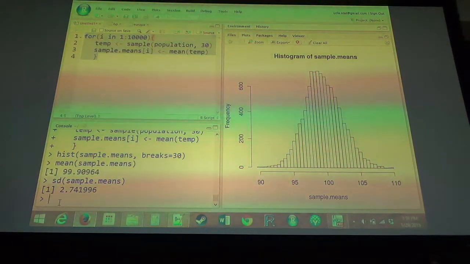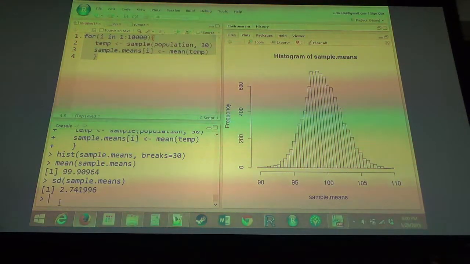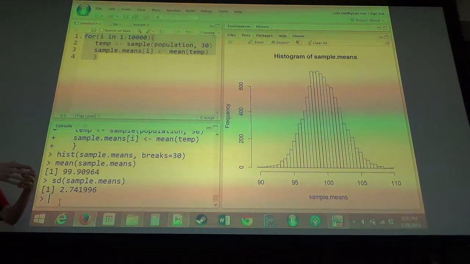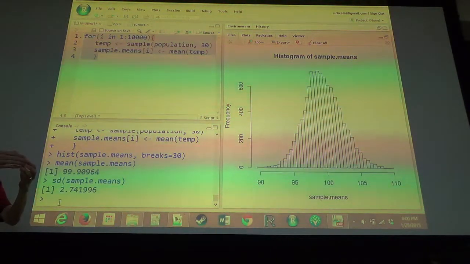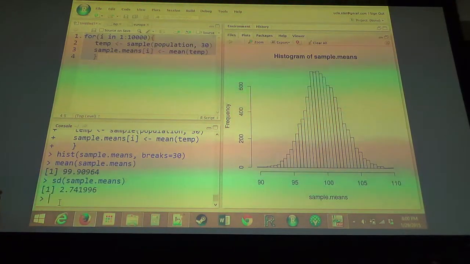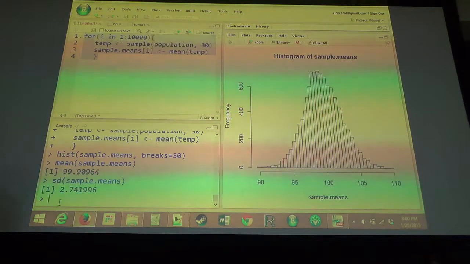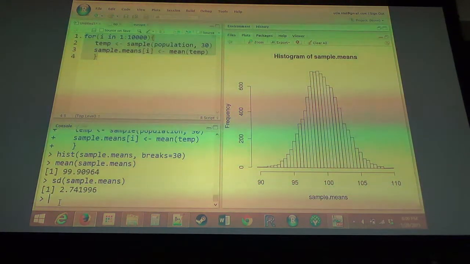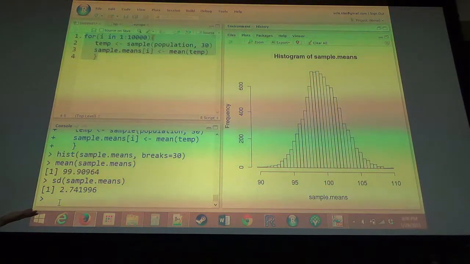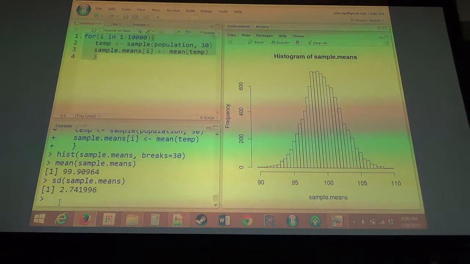When we're taking larger and larger samples, it becomes more and more difficult for random sampling to produce a sample that has a mean that's more extreme or more unusual than where the bulk of the points lie. So for sampling distributions, what we see is that larger samples create smaller spread.